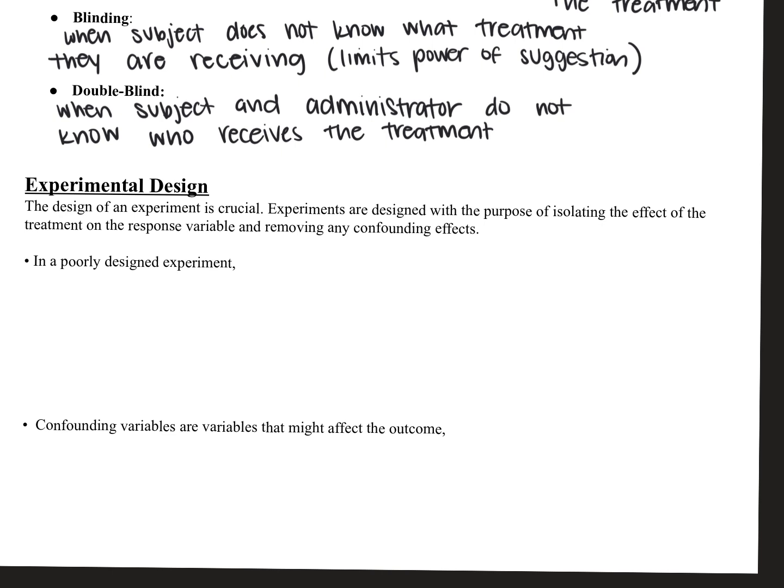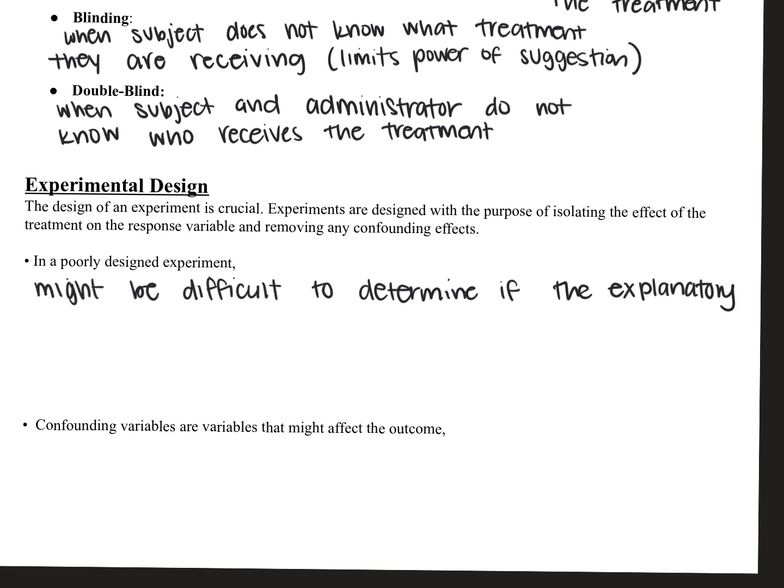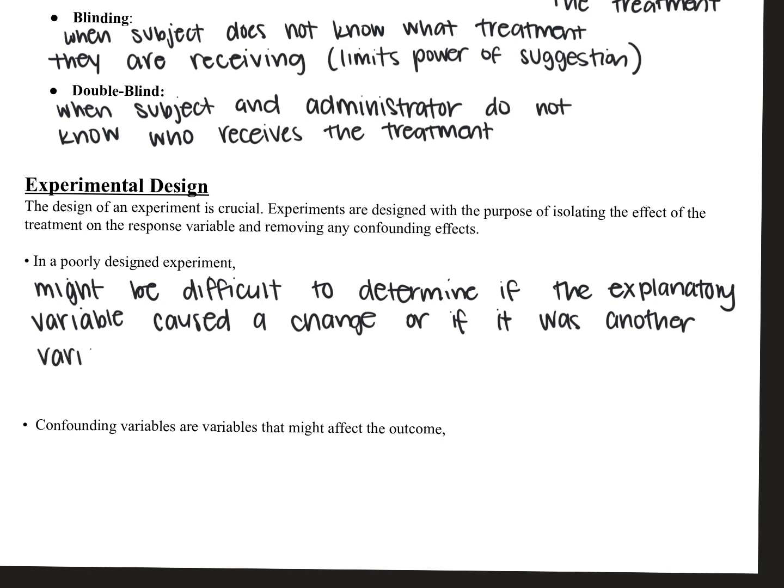If you have a poorly designed experiment, it might be difficult to determine if the explanatory variable caused a change or if it was another variable that was not measured.